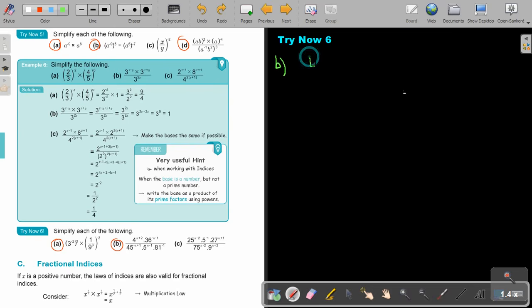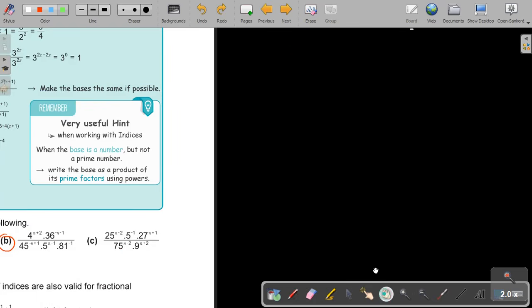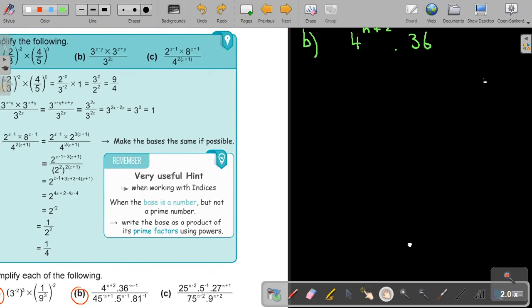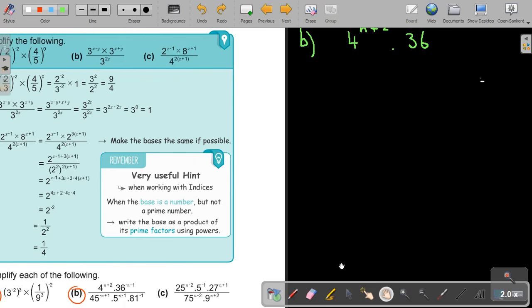Okay, so this will be 4 to the power of n plus 2, 36 to the power of, now I just must make it a bit bigger. I think I'm going to just start writing it again to fit in. Okay, so let's start again.